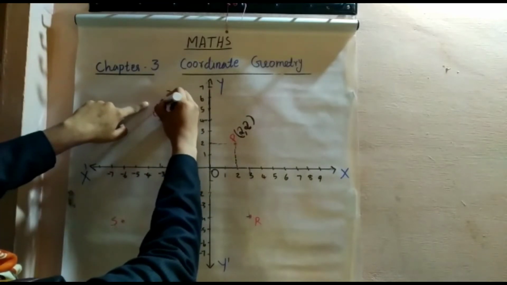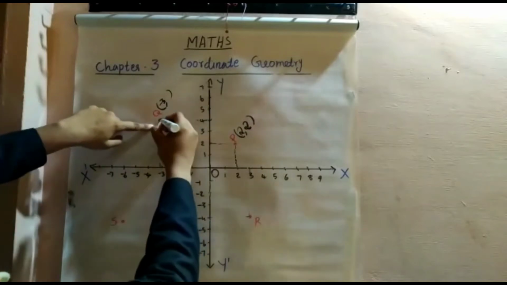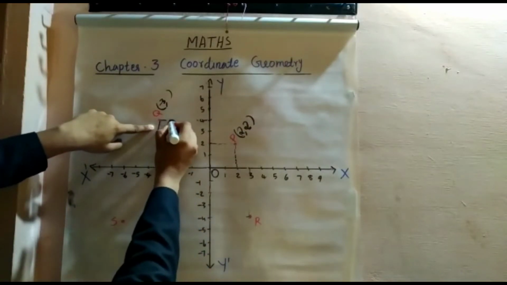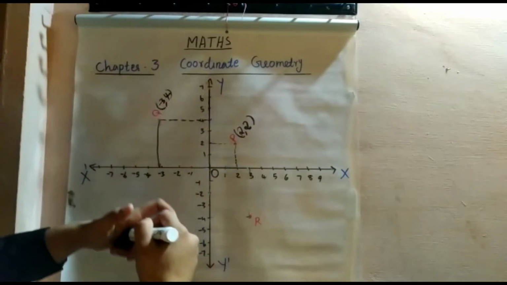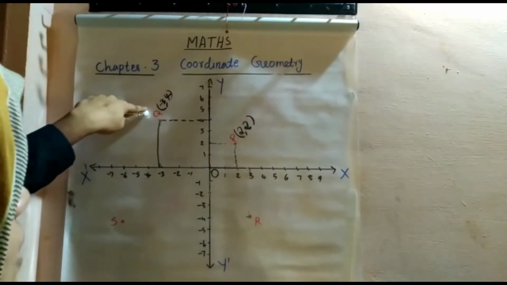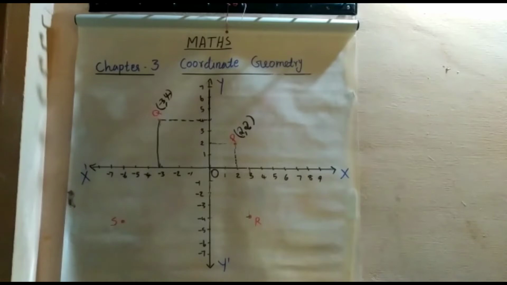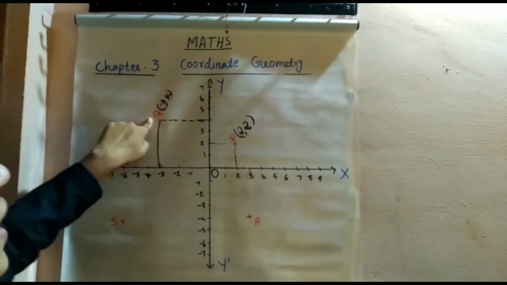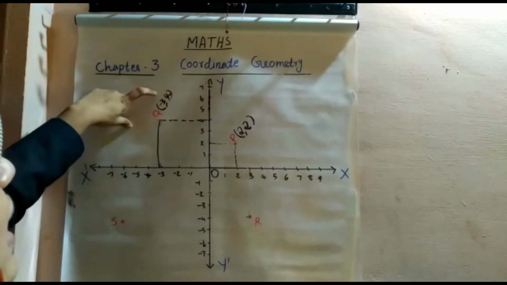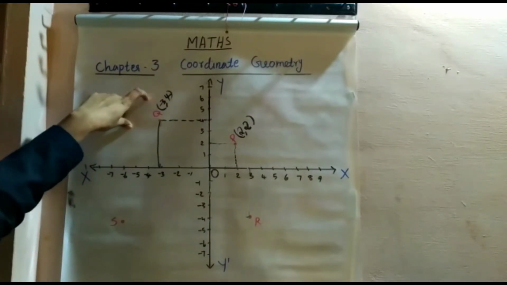So minus 3, and the y coordinate is plus 4. So the coordinates of this point Q are (minus 3, 4). Minus 3, 4.